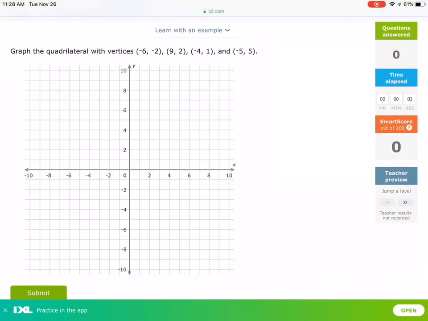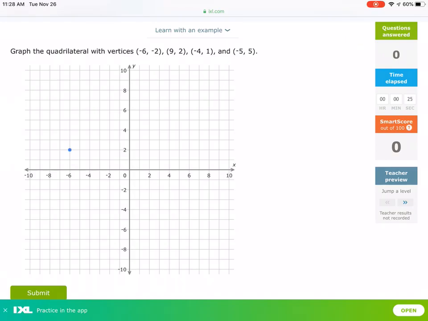All right, so this one's asking us to graph a quadrilateral with vertices -6, -2, 9, 2, -4, 1, and -5, 5. I'm not going to do this one. All you have to do is find those coordinates. What I will say is that you want to do them in order. Because if you don't, let's say we do -6, -2 first. Right there.